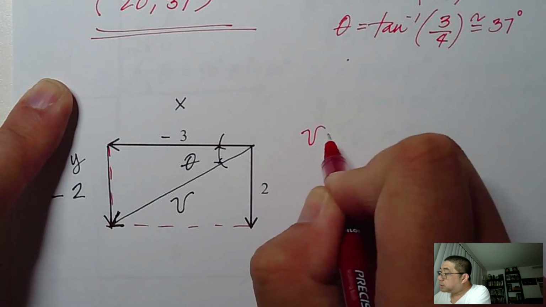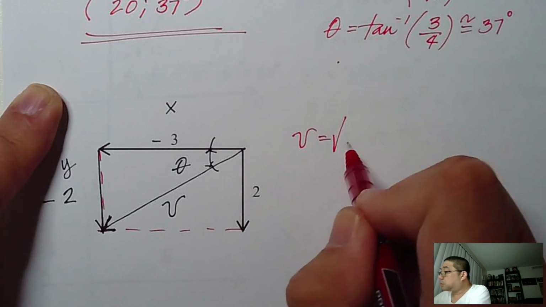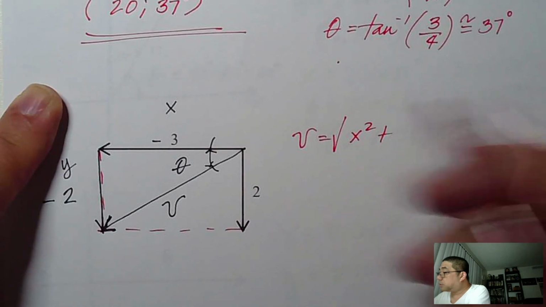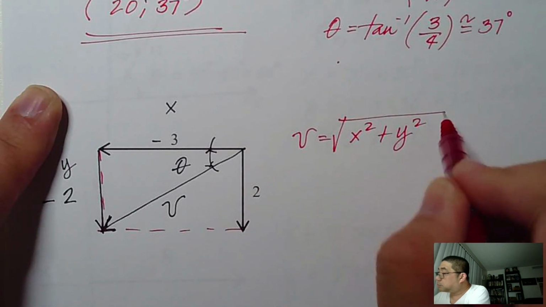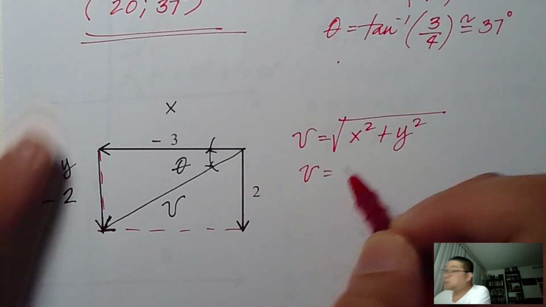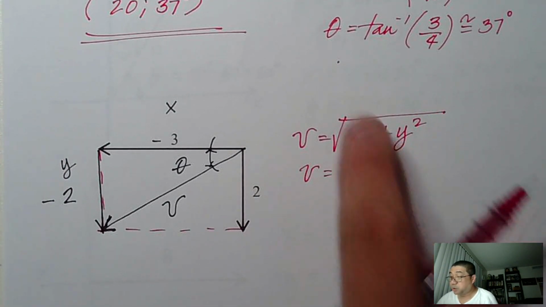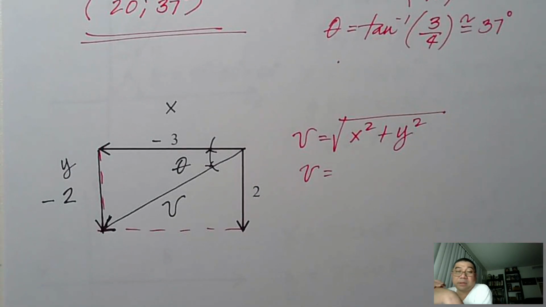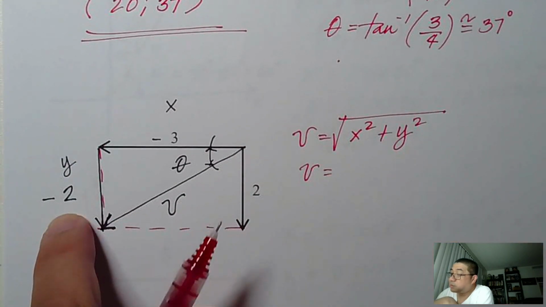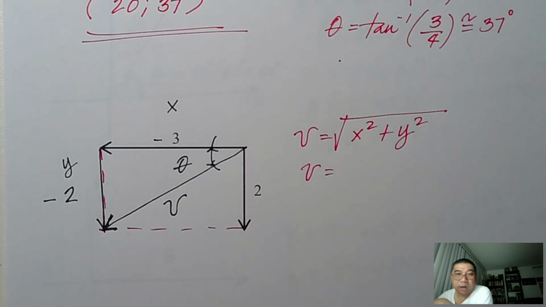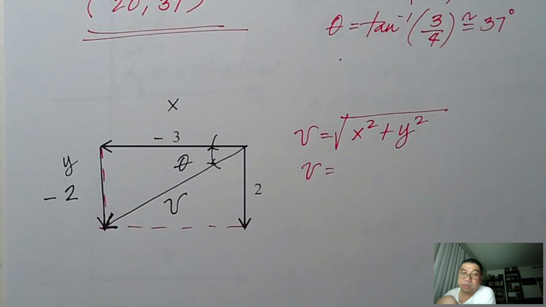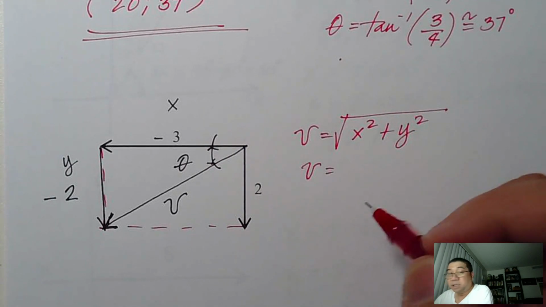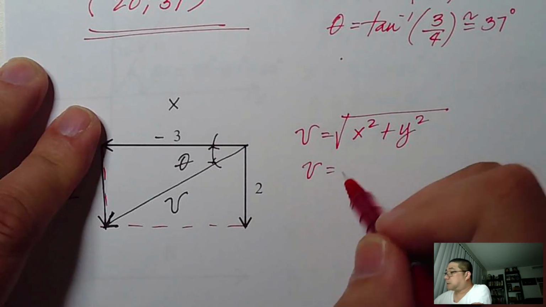So the vector is simply the square root of the x component squared plus the y component squared. Plug in the values, so the negative doesn't really matter when you put it inside because you cannot take a square root of a negative number. That is considered an imaginary number. However, since there's a square on each value, -2 squared will give you +4. Same thing right here where you have -3 times -3, that will change into positive. That will give you 9 positive.